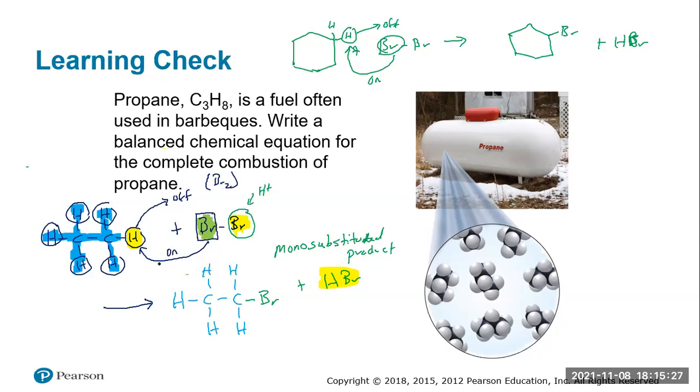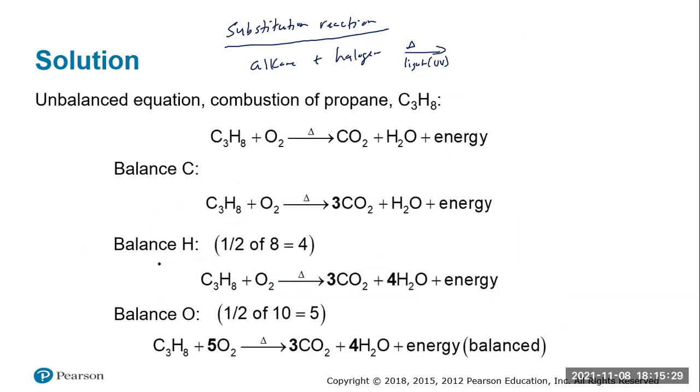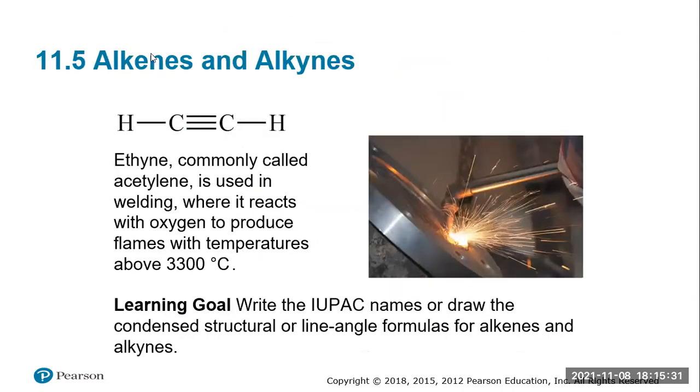Okay. Then let us talk a little bit about alkenes and alkynes, which are the next couple of organic groups. Alkenes are double bonds, which means they have a double bond somewhere there. They have a general formula of CnH2n. So if you remember, alkanes have CnH2n plus 2.